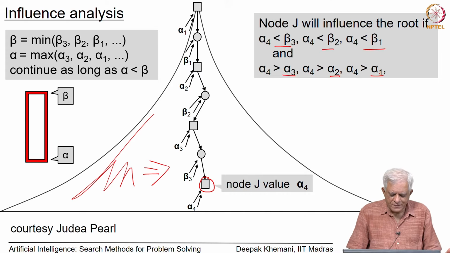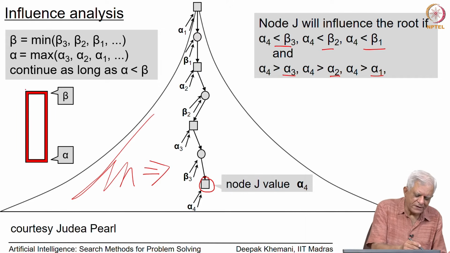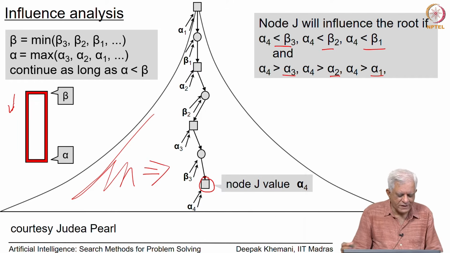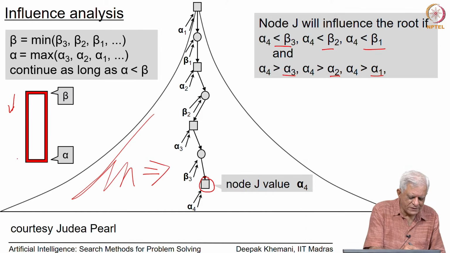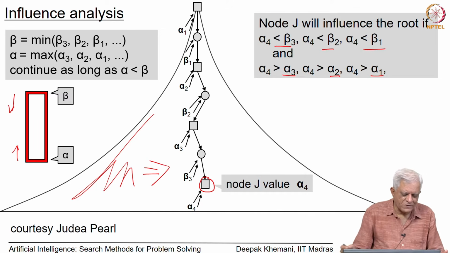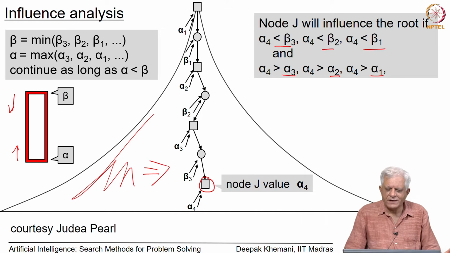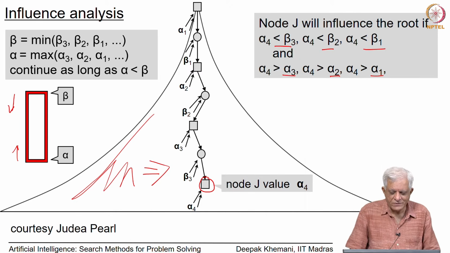Now, when we are exploring a beta node, the beta node will try to reduce the bound a little bit, because it is looking for lower values, and whenever we are looking at alpha nodes we will try to increase the bounds. So, that is of course welcome for us, because it takes us to better values of the game, but we must stop exploring if this window closes, which means alpha has become greater than or equal to beta.